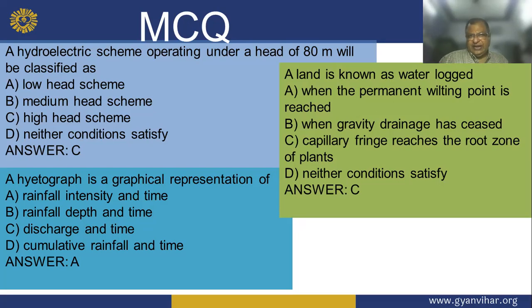Next question: a land is known as waterlogged... Answer number C: capillary fringe reaches the root zone of plants.